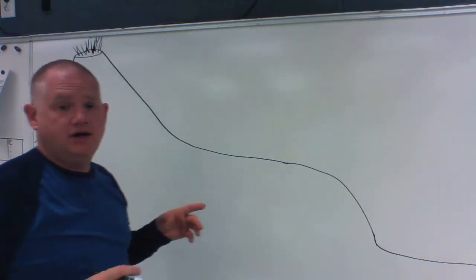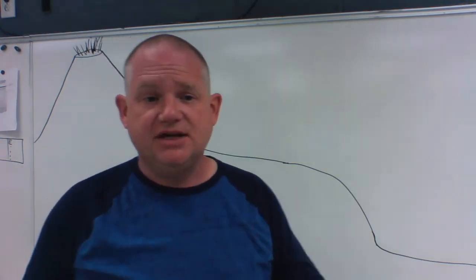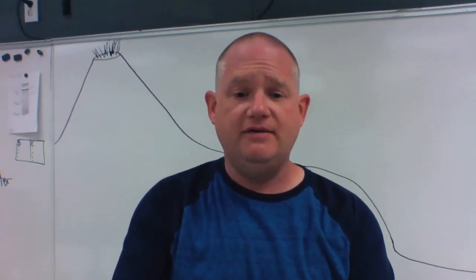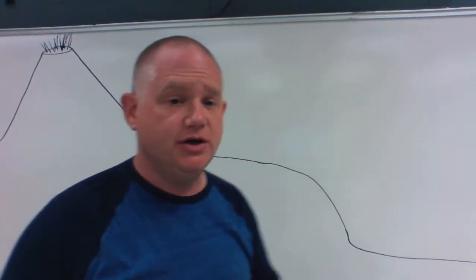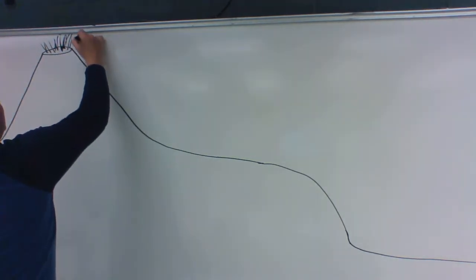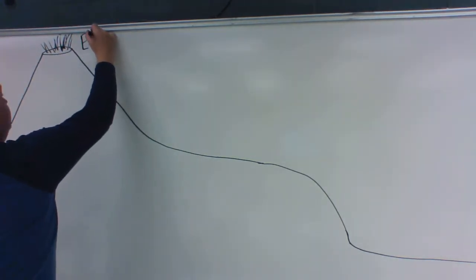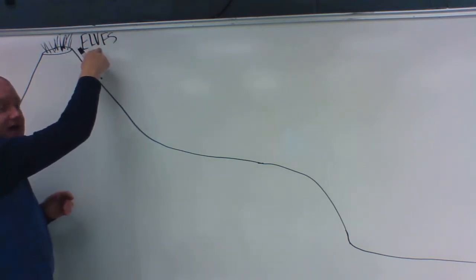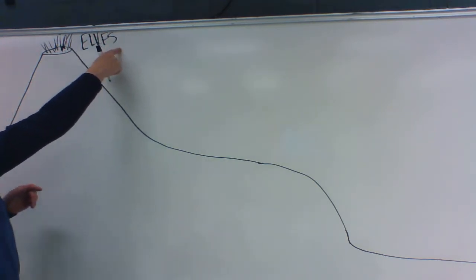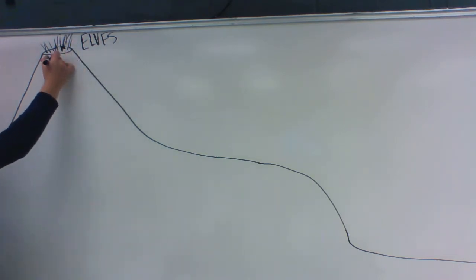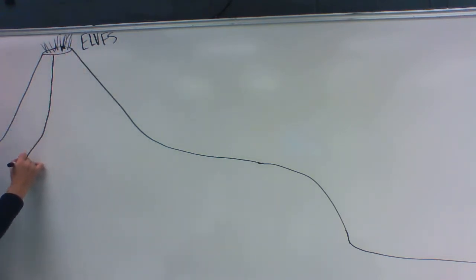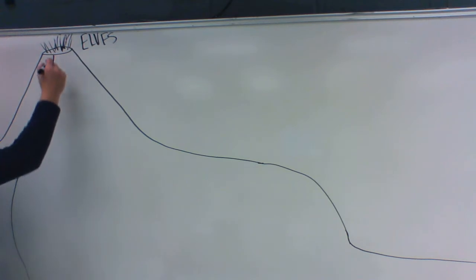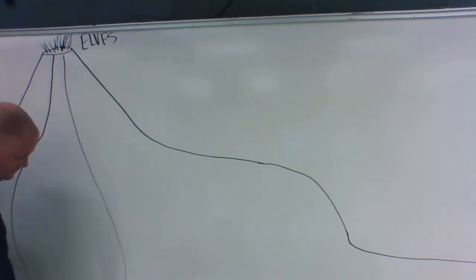Okay, now I'm going to draw in the volcano erupting just like this, okay? And if you remember, when we learned about bimps and elves, the high part of a volcano like that, that's where you're going to have elves, ELVFS, where you have extrusive, lava, volcanic, fast-cooling small crystals. Down inside of the volcano, under the mountain, a mile below the ground or even more, you have a huge body of magma.